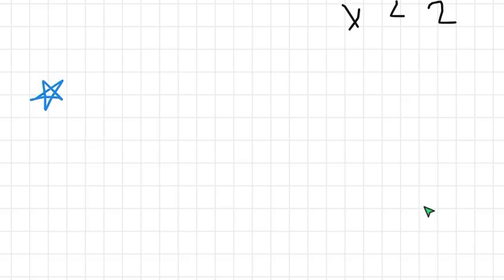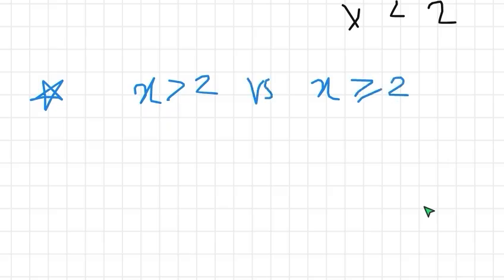Let's talk about that. What is the difference between x greater than 2 and x greater than or equal to 2? This includes 2 and this doesn't. So when you're drawing on a number line, how do you represent that?